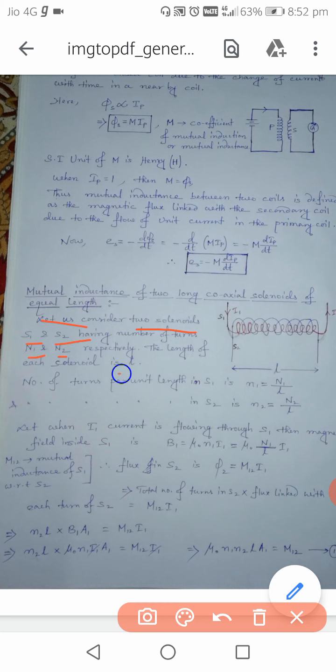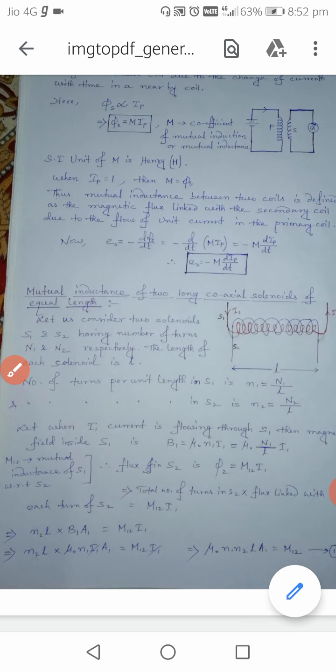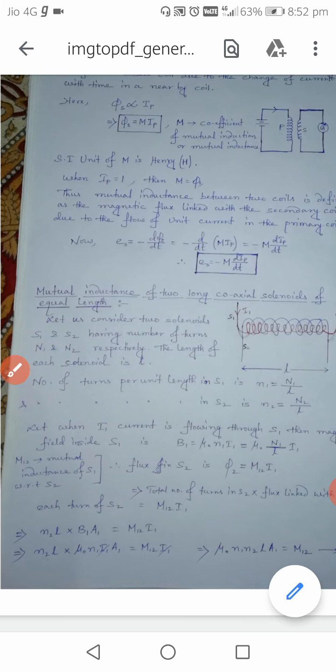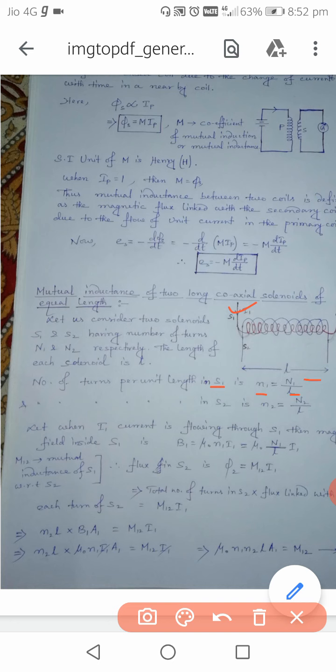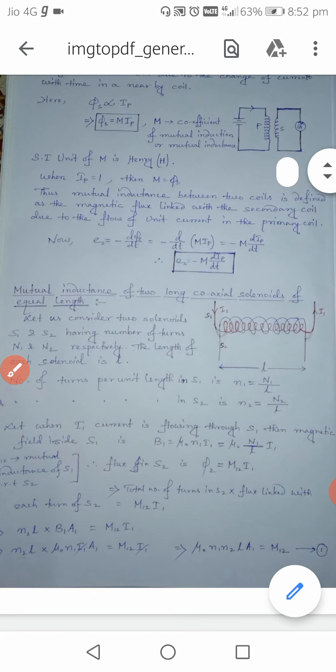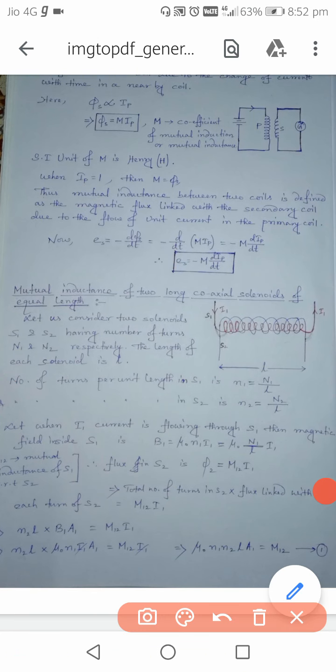The length of each solenoid is L. Now the number of turns per unit length of S1, which is this smaller one with smaller area, is n1 equal to capital N1 by L. This is the total number of turns divided by length, giving the number of turns per unit length. So this is for S1. For S2, it will be n2 equal to N2 by L.